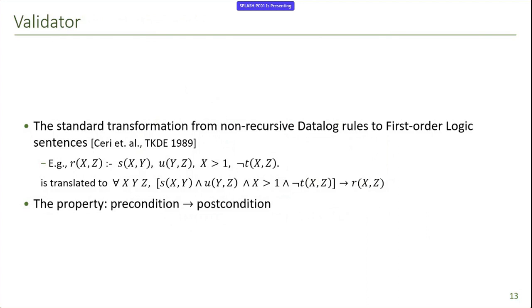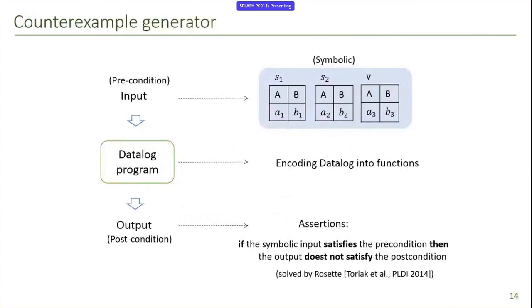And then the final sentence of the property of the program is: if the precondition is satisfied, then the postcondition is satisfied. In this way, we obtain a first-order logic sentence of the whole program's properties, and we can use an SMT solver to check whether the property sentence is valid or not. And in the case it's not valid, we do counterexample generation.